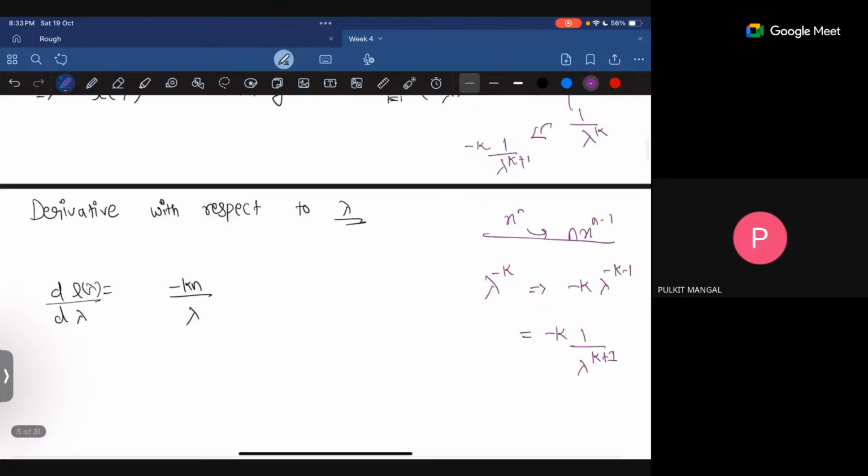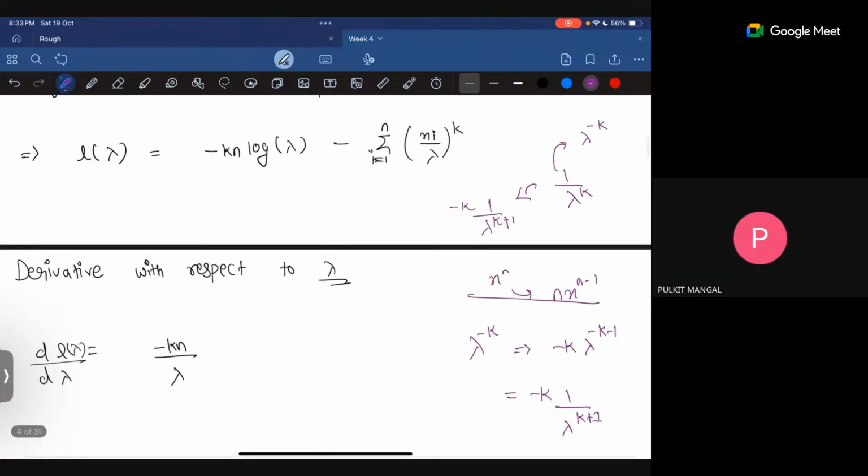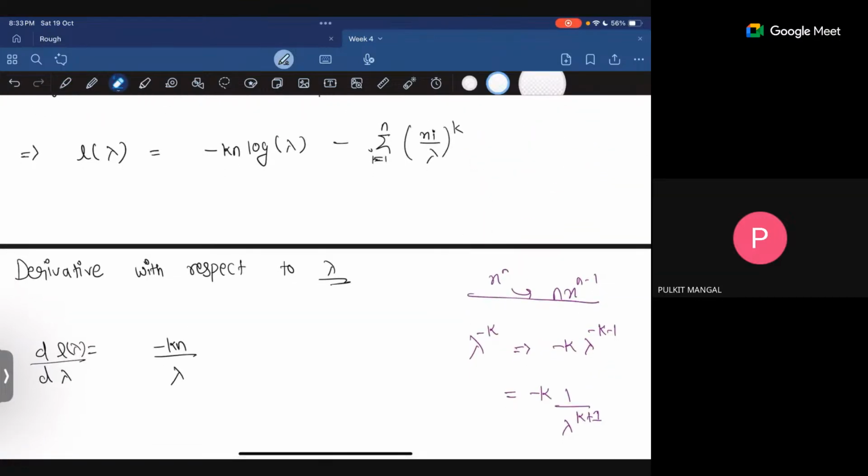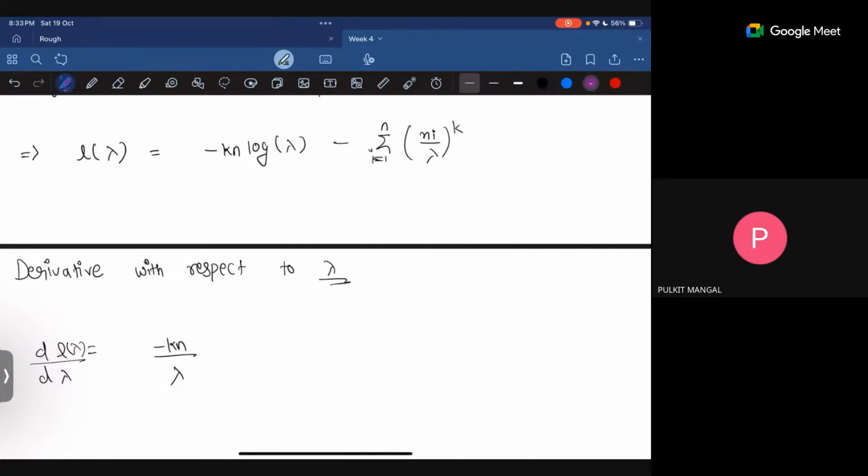The same thing we will be doing here. We will just think that xi is constant for us, so xi will stay here.